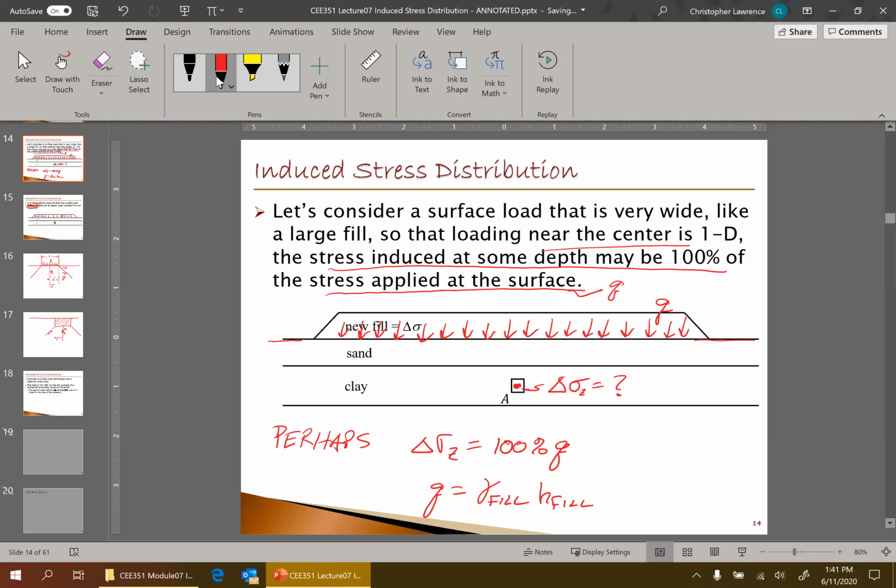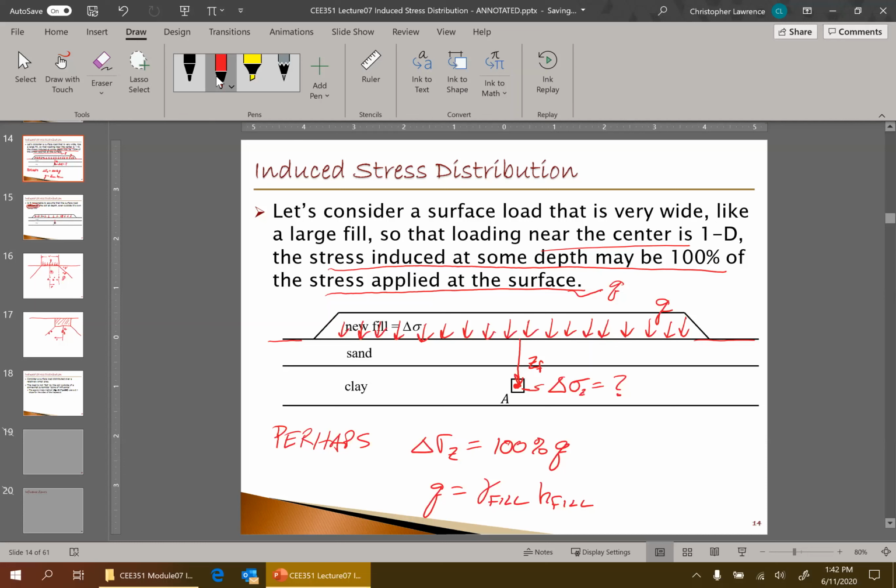And again, that begs the question, what do I mean by compared to point A? Well, we have to consider the depth of point A from, again, not the original ground surface, the depth from where Q is applied. In this particular example, they're the same. Q was applied on the original ground surface, but it's not always that way. Okay, so what is the depth of point A?